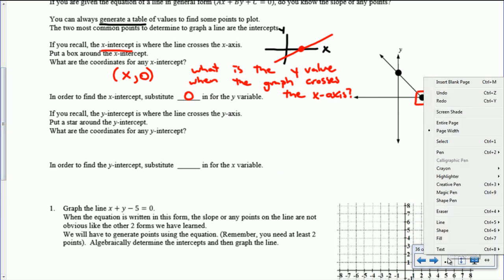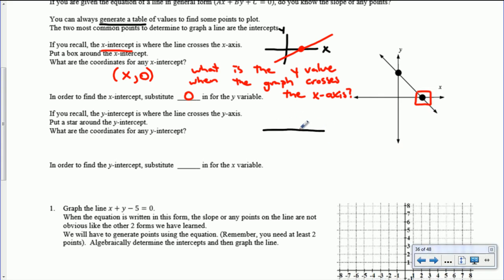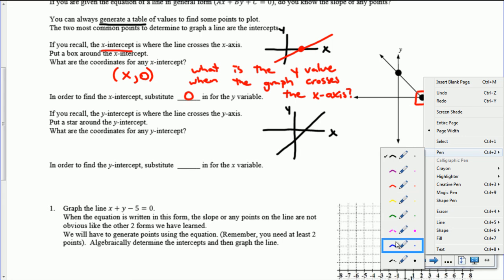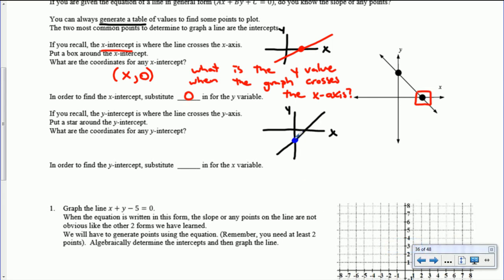Okay, moving on. So the y-intercept is where the graph crosses through the y-axis. So that's the y-intercept. Put a star around it, so that's the y-intercept. What's the coordinates for any y-intercept? Well, it'll be 0, y.